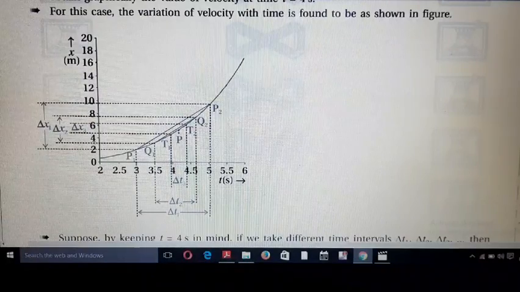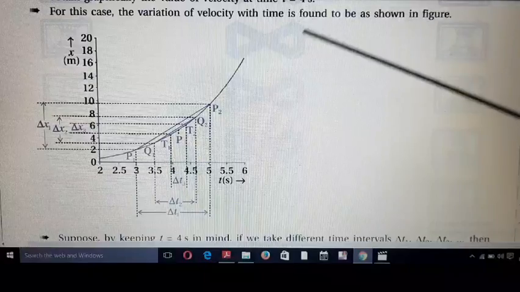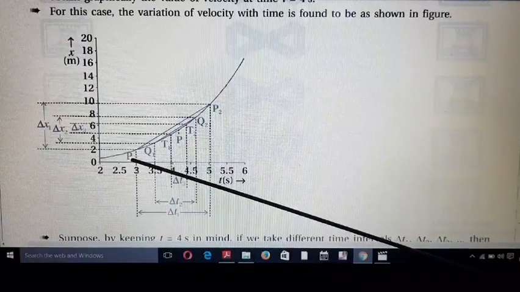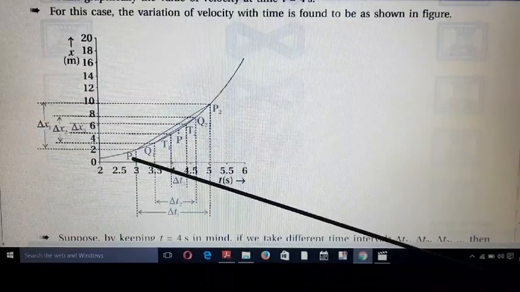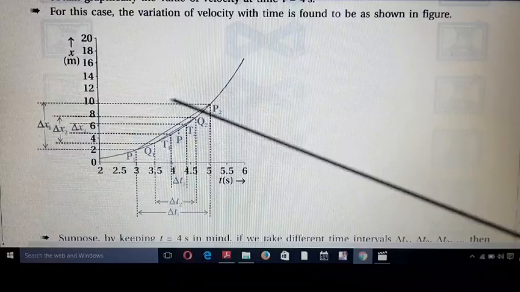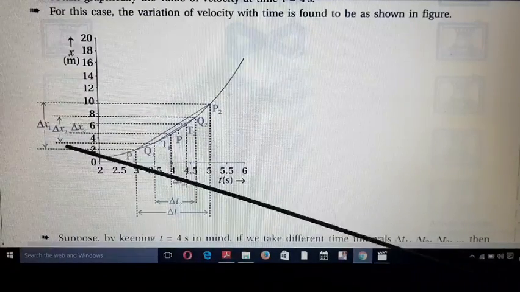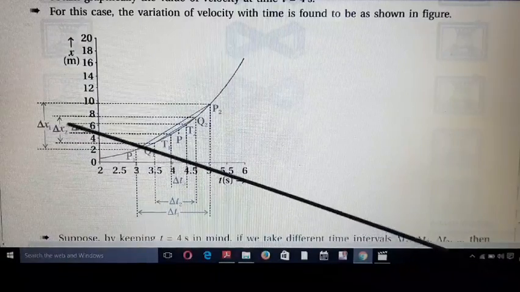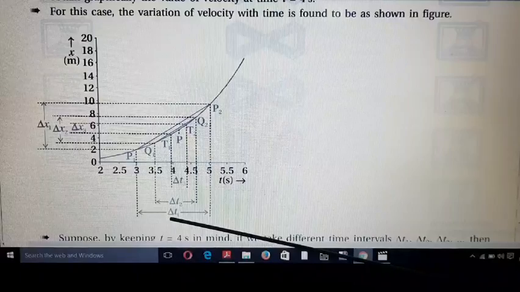Okay. So friends, first of all, now we want to find the distance between P1 and P2. Here P1 is equal to 2 and P2 is equal to 10. So between them, the displacement is denoted by delta x1 and the respective time is delta t1.